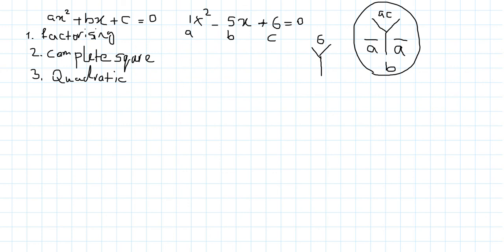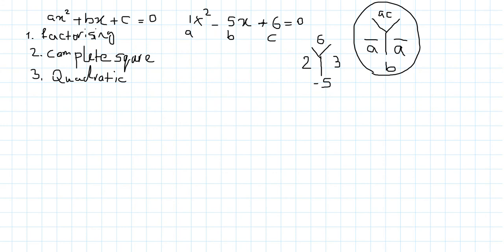And here should be B. What is B here? It is minus 5. The minus belongs to the number. So I should find two numbers that when timed to each other give 6, and when added give minus 5. So it is 3 and 2, or 1 and 6.